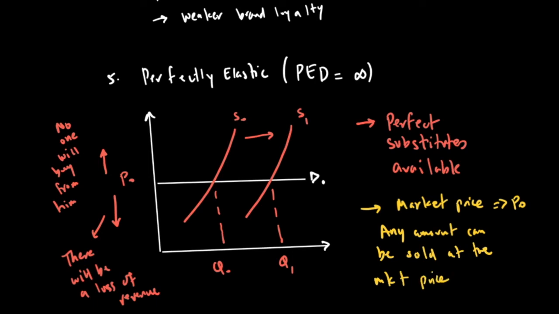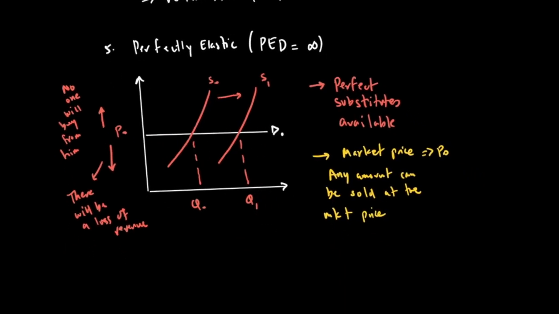So, what kind of goods will have such elasticity? Well, in the market for vegetables, for example in a mandi where there are a lot of sellers and you are one of them, you will have a perfectly elastic demand curve, because you can't charge any price above P0, and any price below P0 doesn't make sense either, because you will make lower revenue.